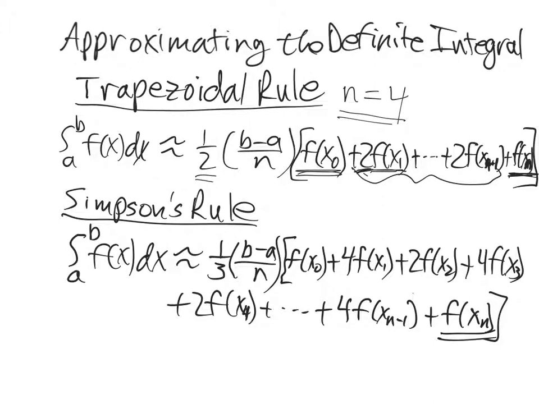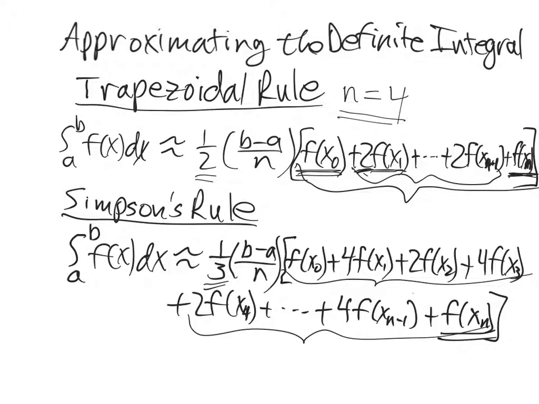Trapezoidal rule uses 1/2, where Simpson's rule uses 1/3. And then your b minus a over n, well, that's just like delta x. Same basic idea we used with the rectangles. This is the key part in remembering trapezoidal rule and Simpson's rule.